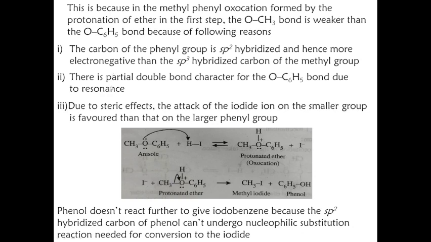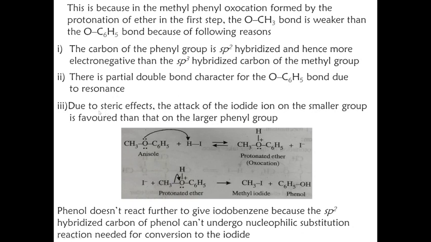And there is partial double bond character. So there is a possibility for resonance structures with oxygen and the benzene ring. Partial double bond character for the oxygen phenyl bond due to the resonance. So this will become stronger because of the resonance structures.